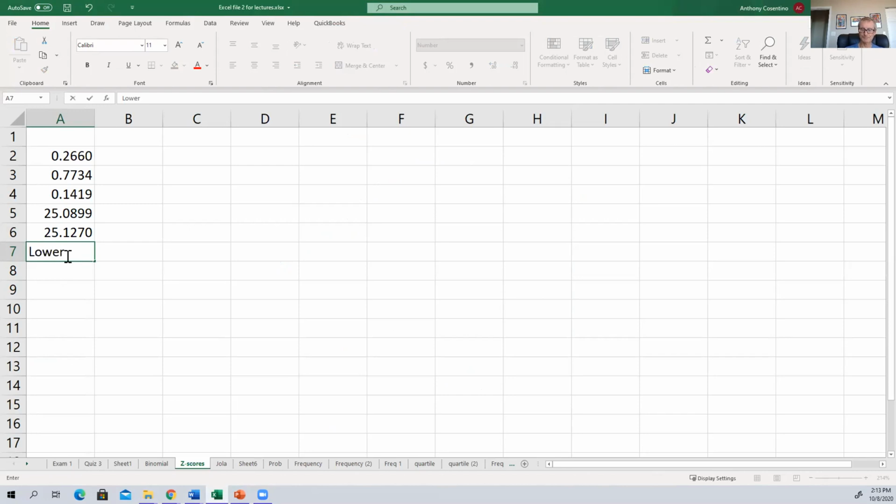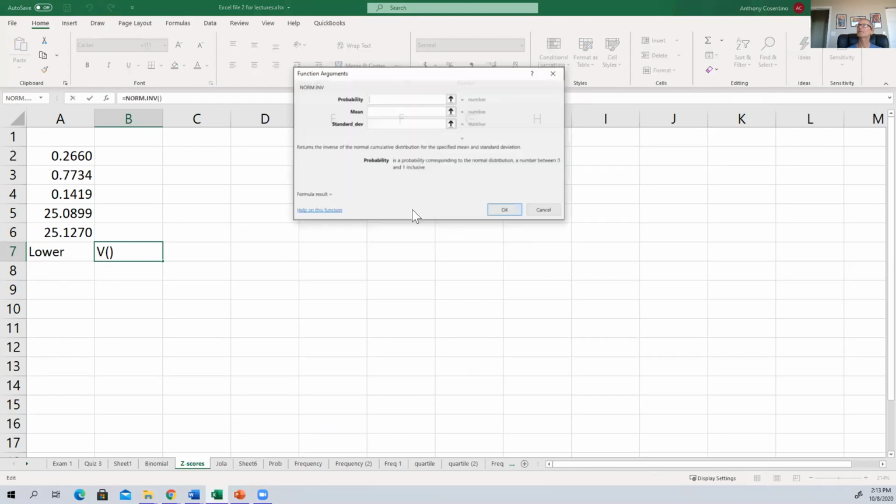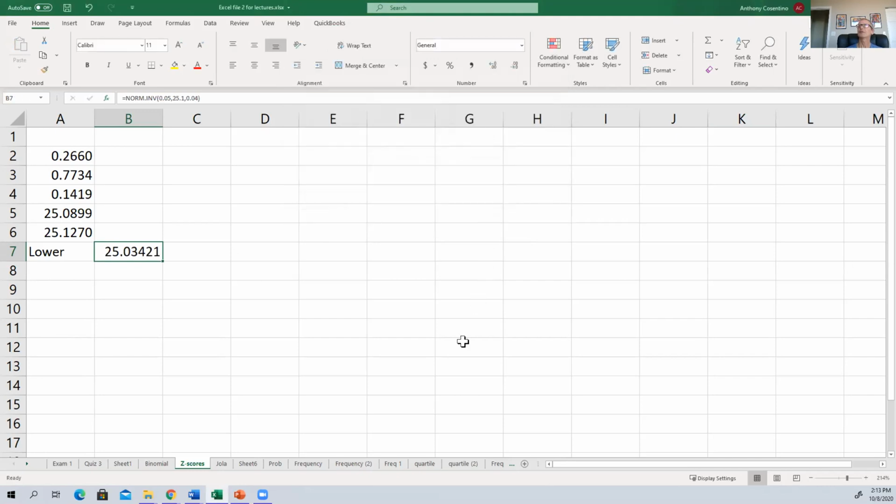Just call it lower. And so this would be more functions, inverse, 0.05 for the probability, the mean of 25.1, and standard deviation of 0.04. So up comes the number 25.03 and some change.